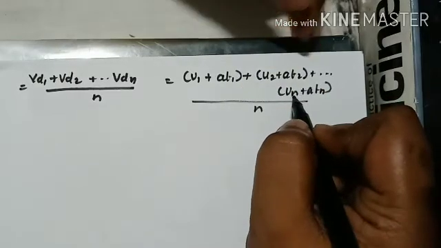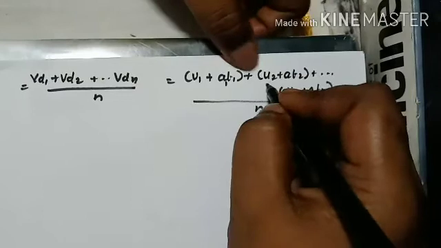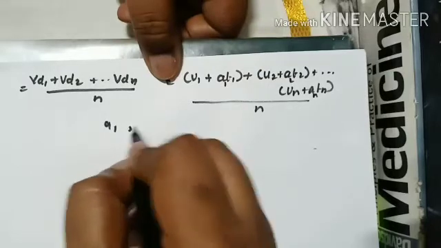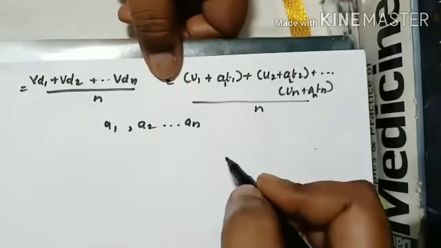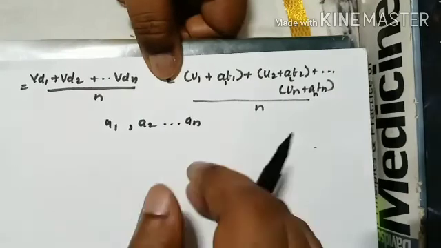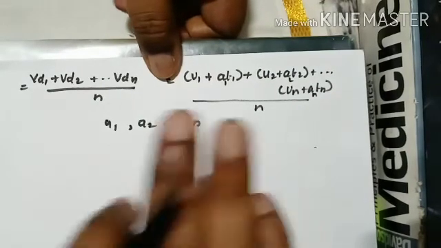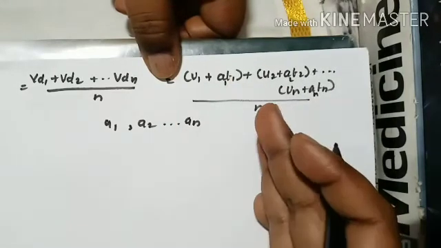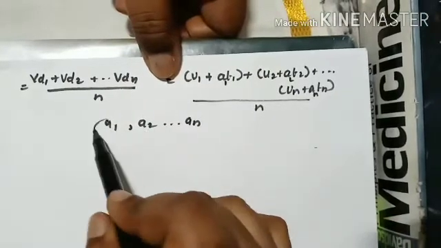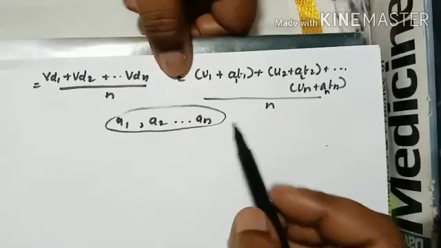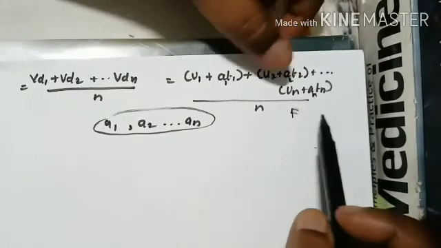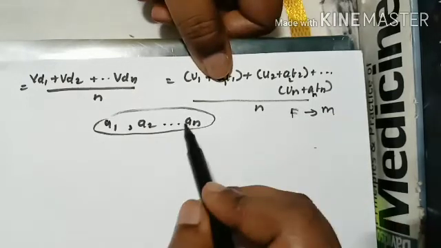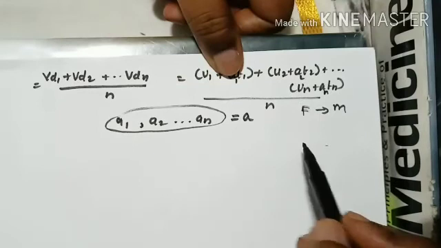Now A1, A2 to An: there is a single supply only, and the single supply gives a single type of push or force, and the mass is constant because the electrons are the same. That means acceleration is always constant. So all these terms will be equivalent to A itself.